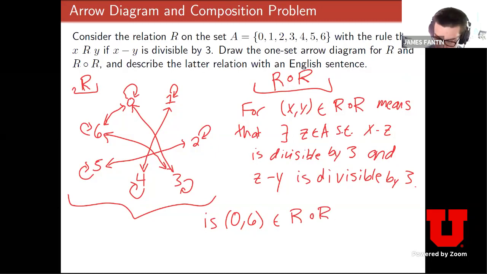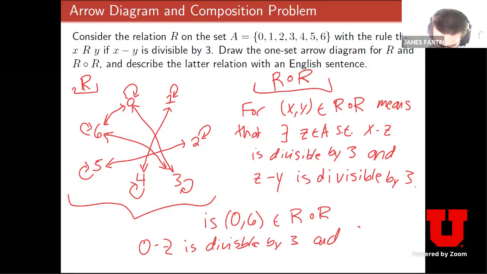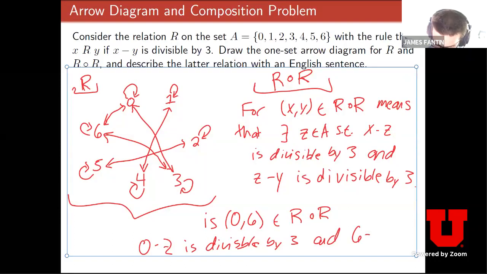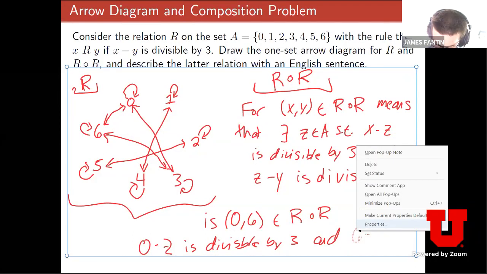So can you find a Z such that 0 minus Z is divisible by 3, and such that Z minus 6 is divisible by 3? Does anyone have an idea what value we could pick for Z?